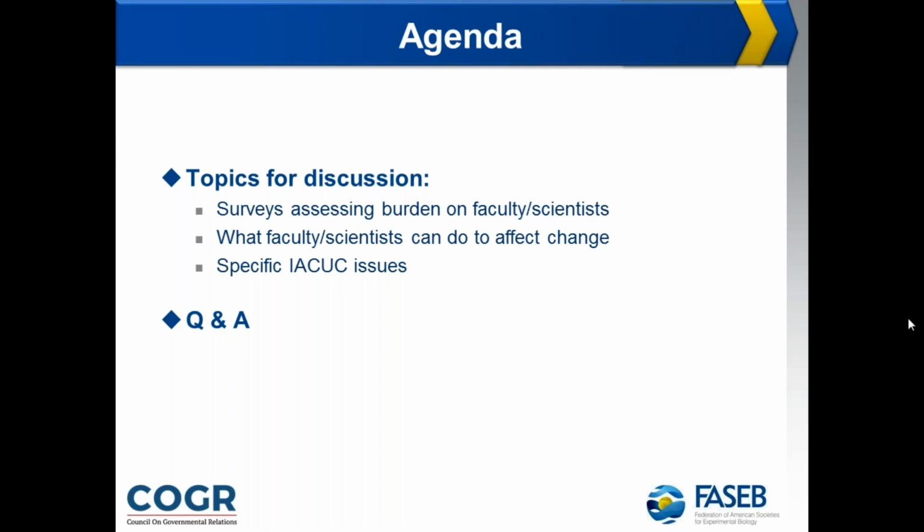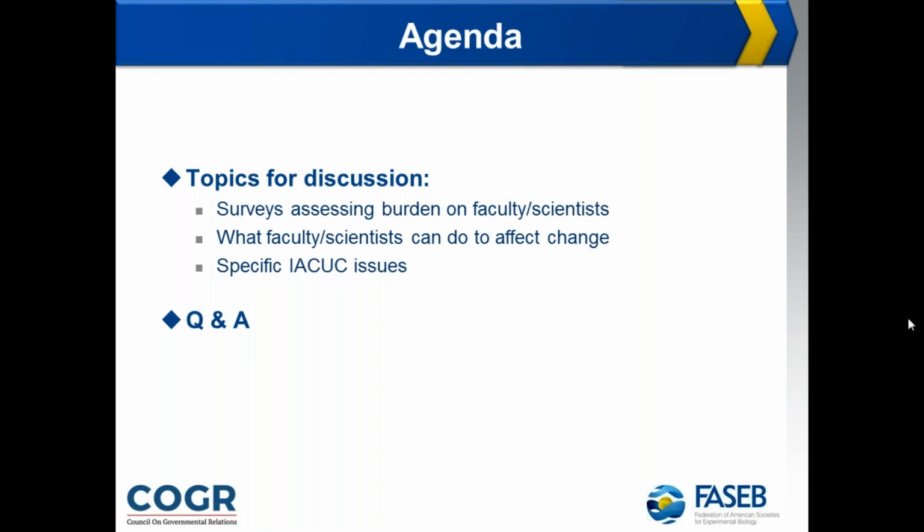This week, Molly Green, Galen Edwards, and I will offer some suggestions that researchers might want to consider on how to engage with their IACUC and to help affect change to reduce institutional burdens. This discussion is based on two premises. First, that researchers as key stakeholders in an animal care program should be active participants in the institutional discussions that determine the procedures of how the IACUC and animal care program work.